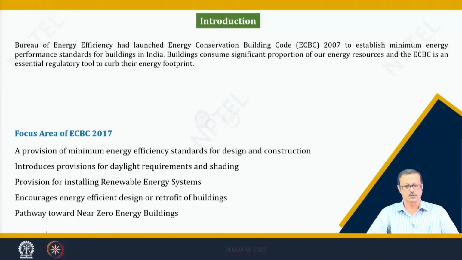This code has some areas of focus, and after 2007, the code was revised in 2017. In the 2017 code, a provision of minimum energy efficiency standards for design and construction was mentioned. It was mentioned earlier also, in the 2007 code.